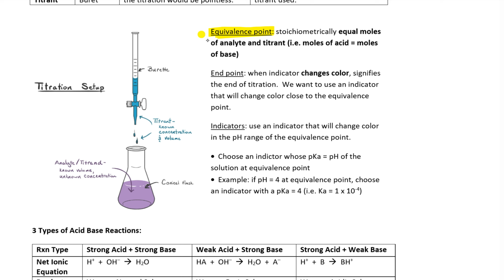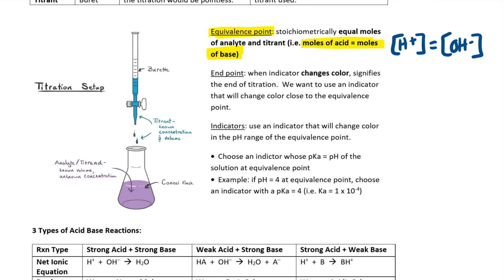In an acid-base reaction, remember all the coefficients in a balanced equation are going to be a 1. So essentially this is where you have equal moles of acid and base, and this only applies when you have an acid-base reaction. Essentially this is when the moles of H plus equal the moles of hydroxide being added.